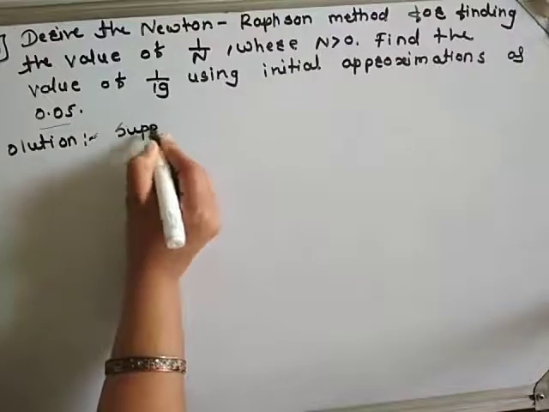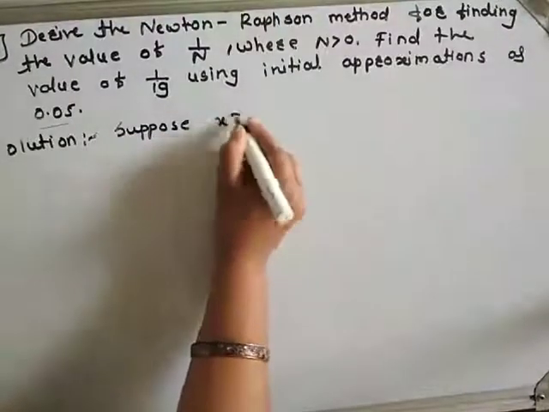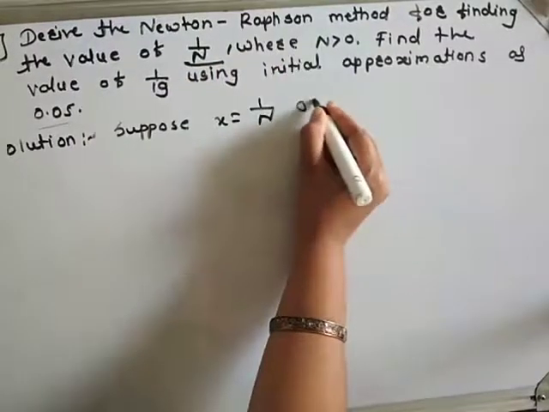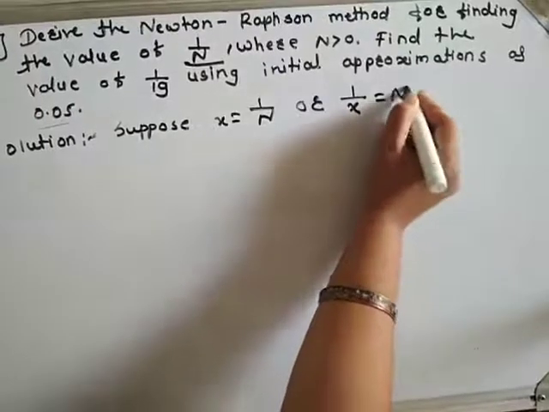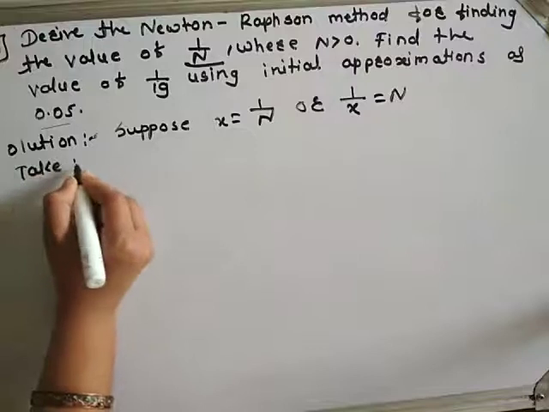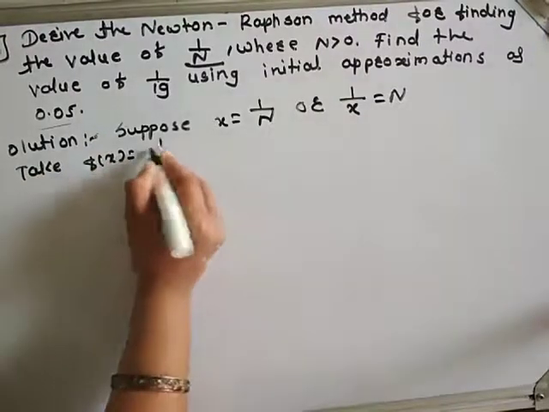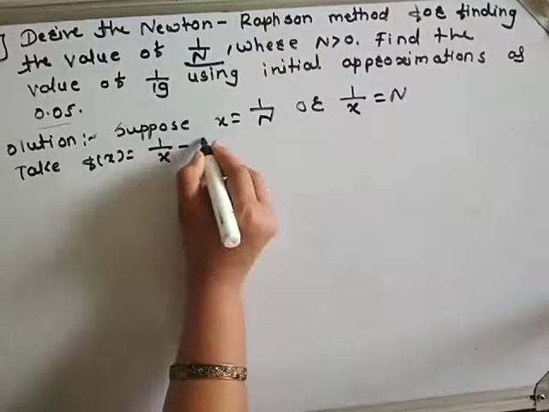Suppose x is equal to 1 by n, or this can be written as 1 by x is equal to n. We take f of x is equal to 1 by x minus n.